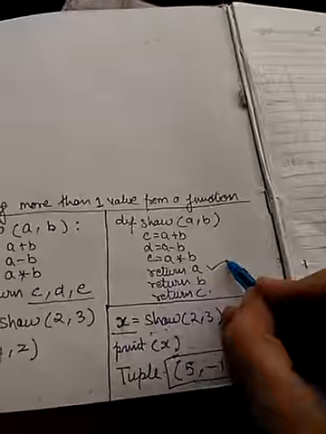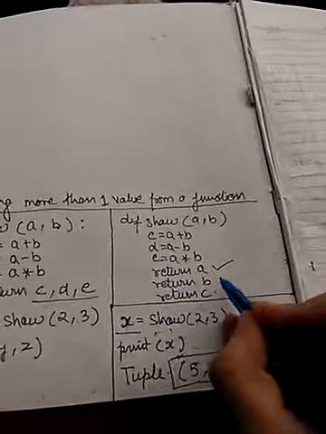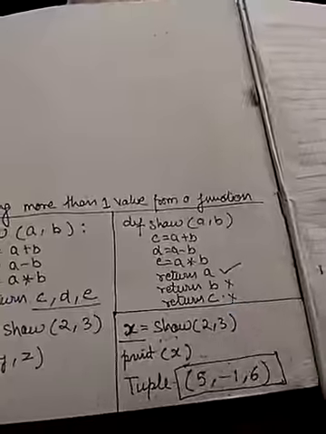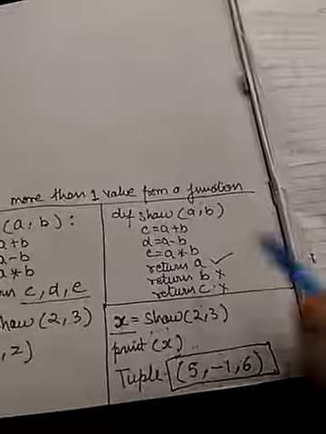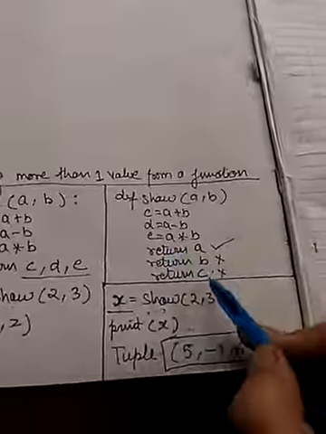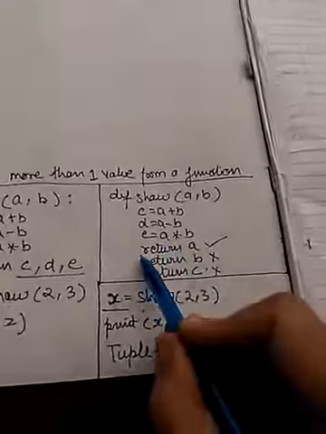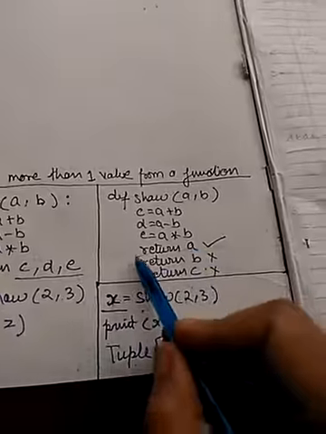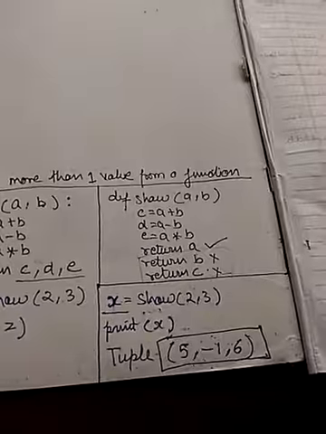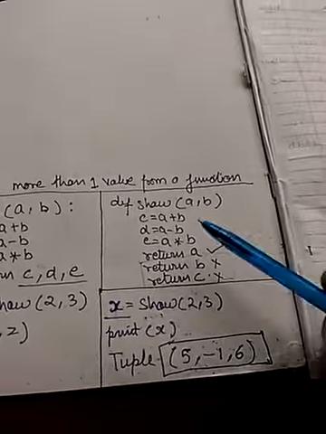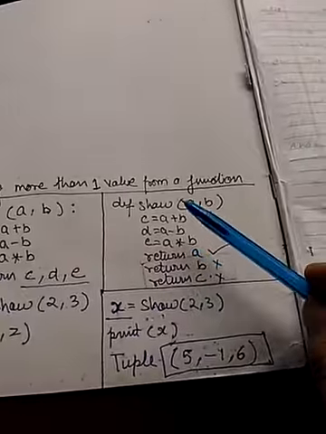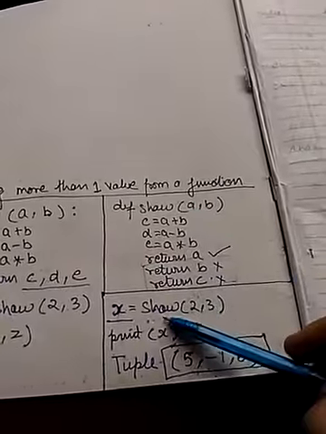Only the first return statement will get executed. The other return statements will not execute. There is no error in the program, but the statements written after the first return statement are not going to execute. Why is it so? Because we know that the return statement transfers the control from the called function to the calling function.